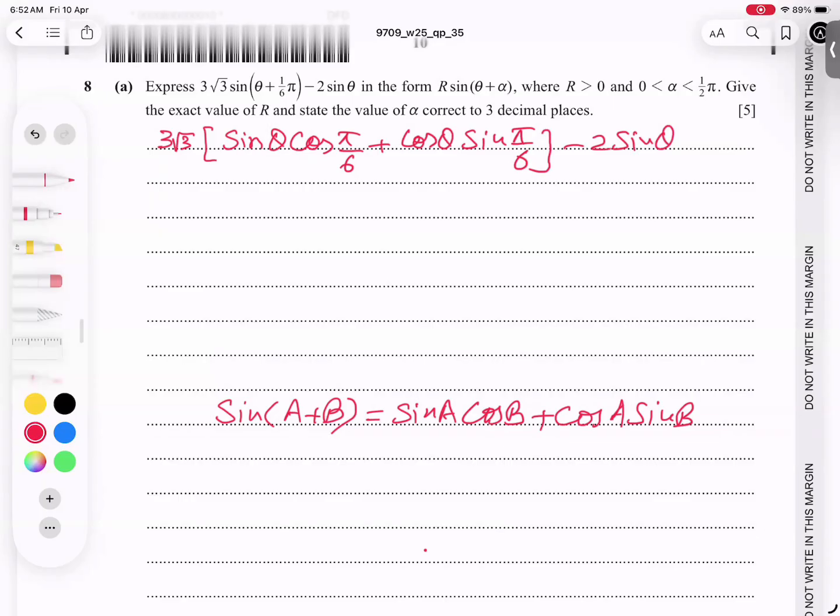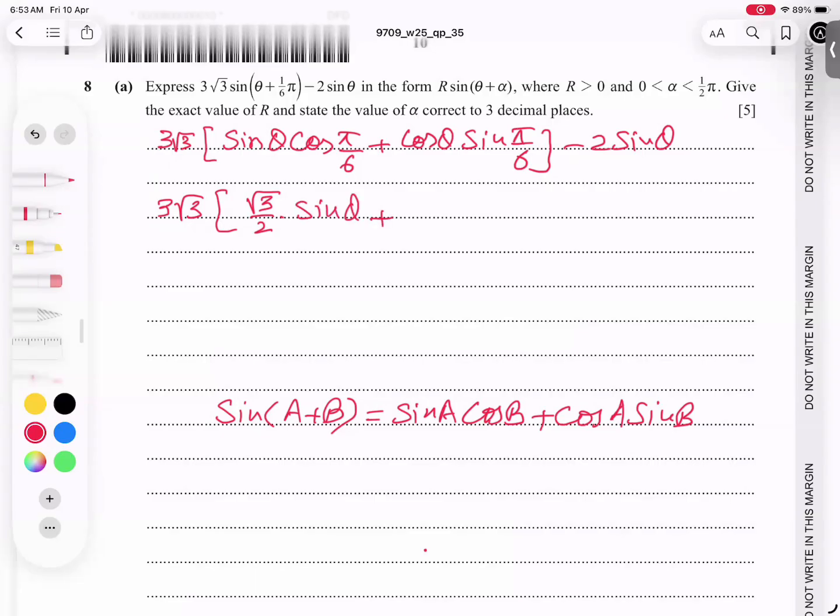Now I'm going to simplify first. Cos pi by 6, this is like cos 30, equal to root 3 by 2. So I'm writing root 3 over 2, and sine theta as it is.